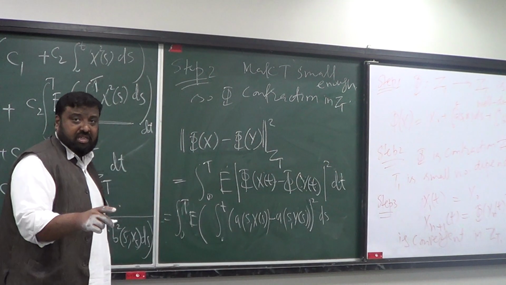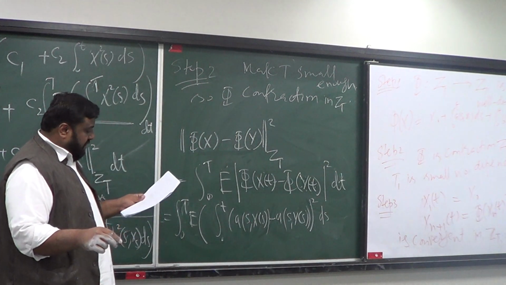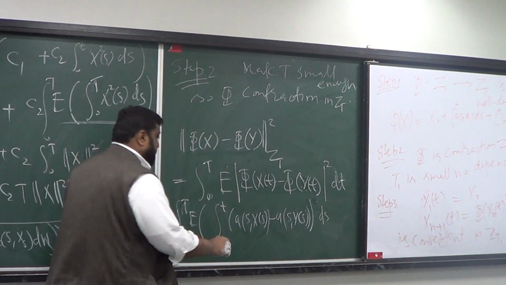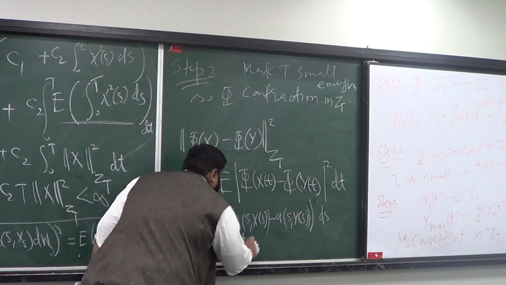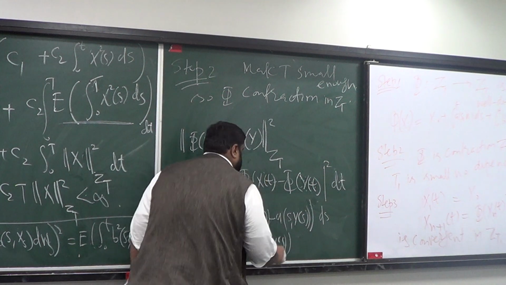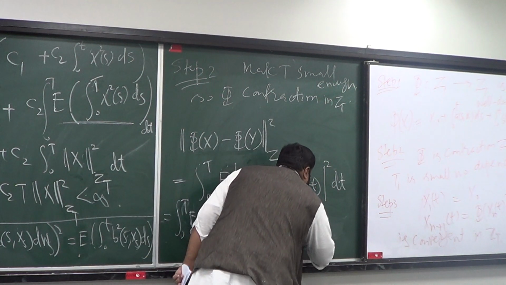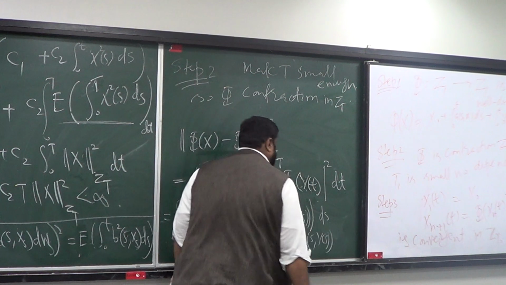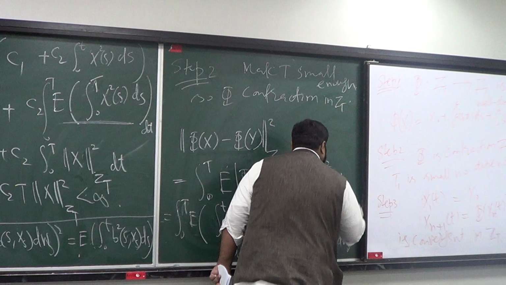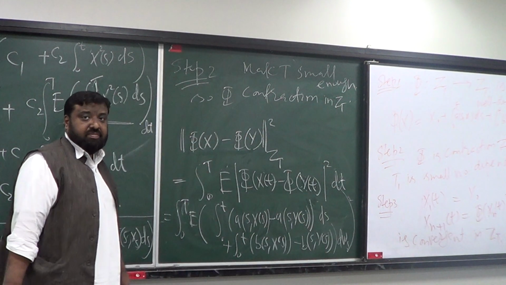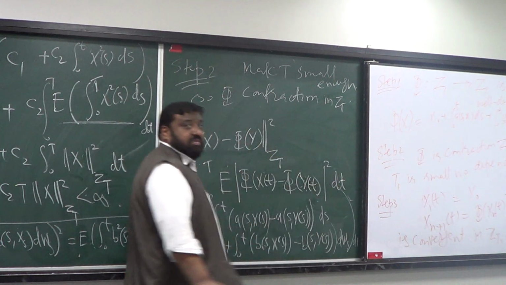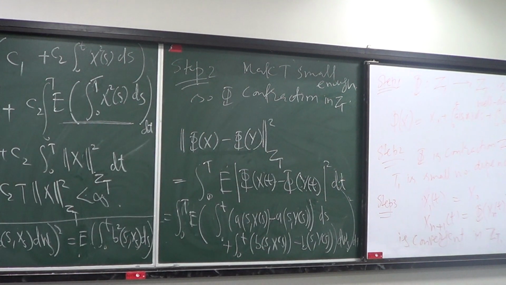Right? So this would be one term, individual square and square over everything. Plus the integral from 0 to t of b of s, x of s minus b of s, y of s, dW of s, squared actually. And then you finally have a dt.